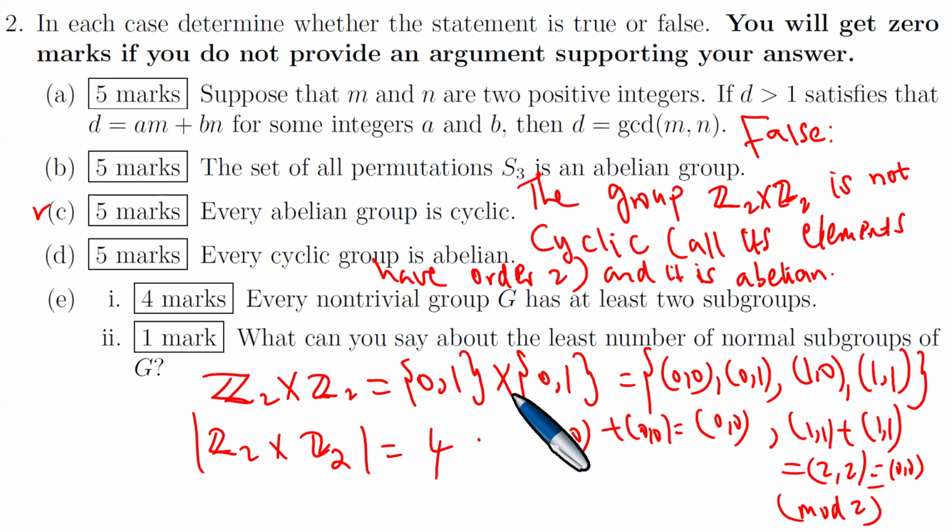Every abelian group is cyclic: so it is false, because here is an example of an abelian group that is not cyclic, since all its elements have order 2. And it is indeed abelian. Z2 × Z2 is abelian. Next question.